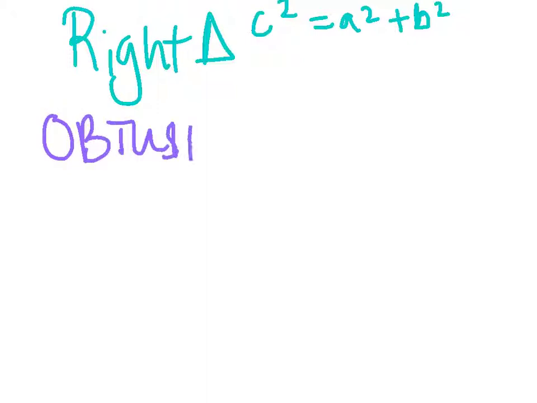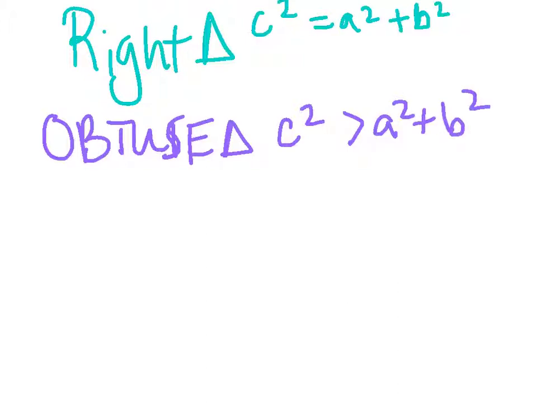In summary, if you have a right triangle, then the square of the greatest side is equal to the sum of the squares of the other two sides. If you have an obtuse triangle, then the square of the greatest side is going to be greater than the sum of the squares of the other two sides.